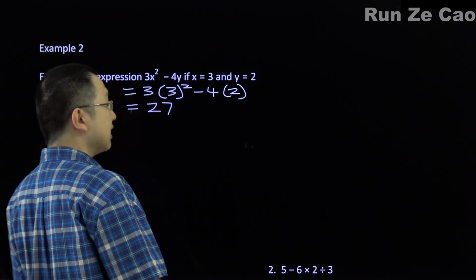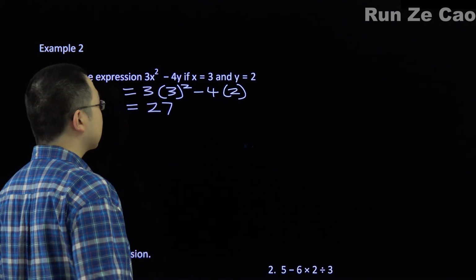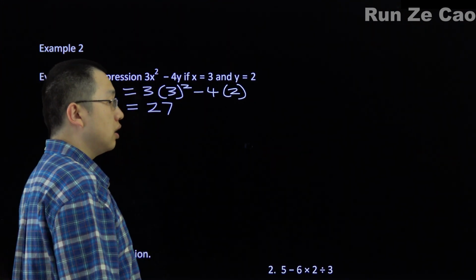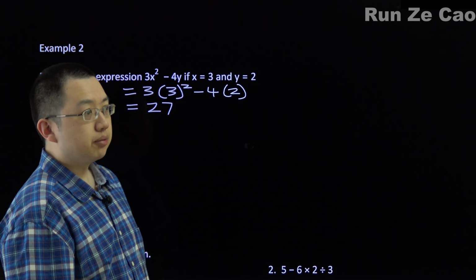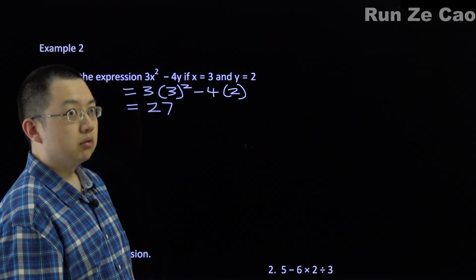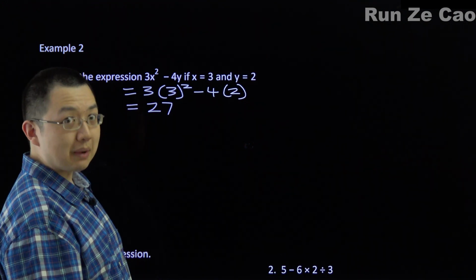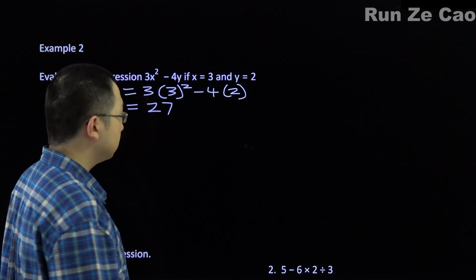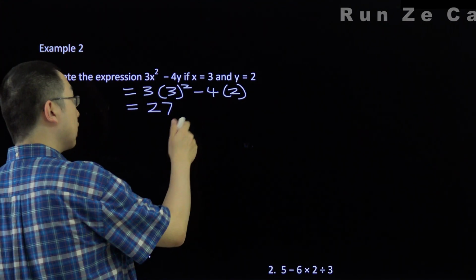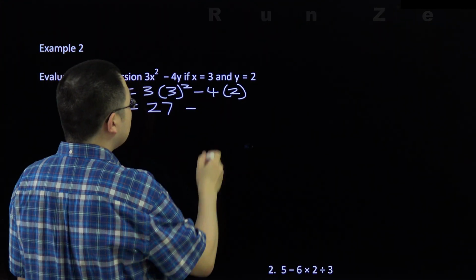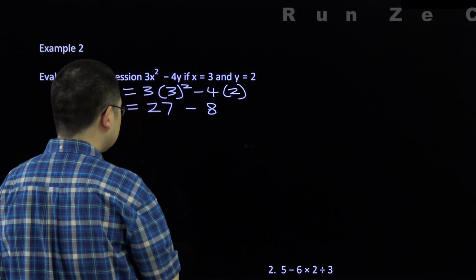That's not exactly something that should require more than one step at this grade level. Like 3 times 3 times 3, it's 3 times 9. If you remember your times tables, there it is, 27. Minus 8.